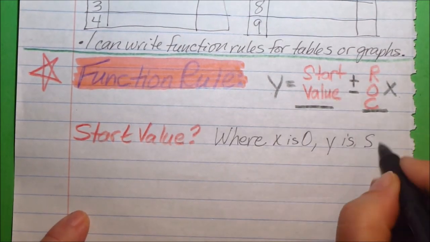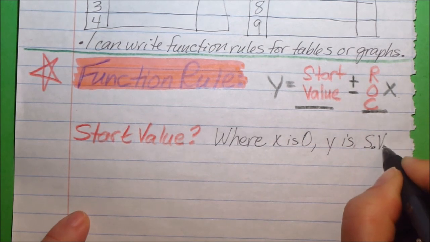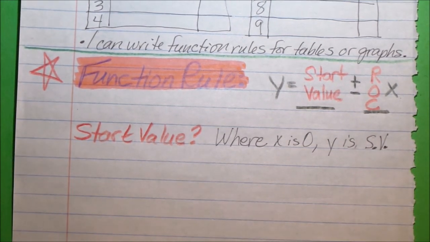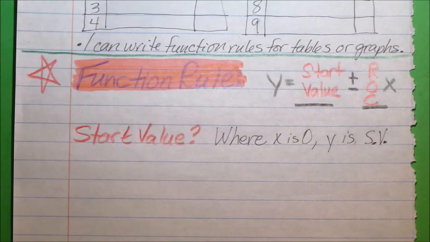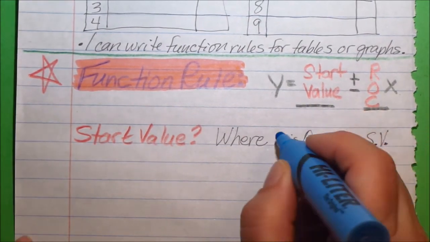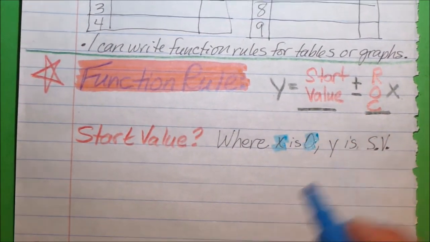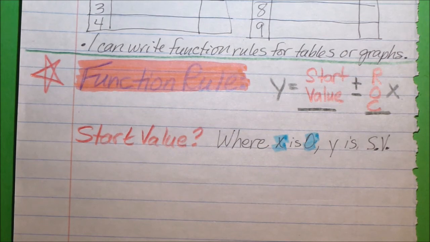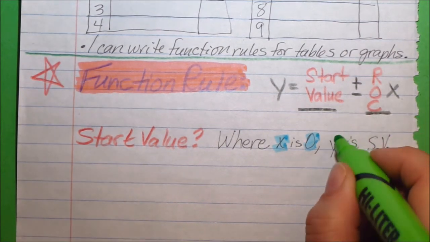Y is the start value, and we just abbreviate that as V. All right. So I'm going to use my blue highlighter and mark where x is 0, y is the start value.